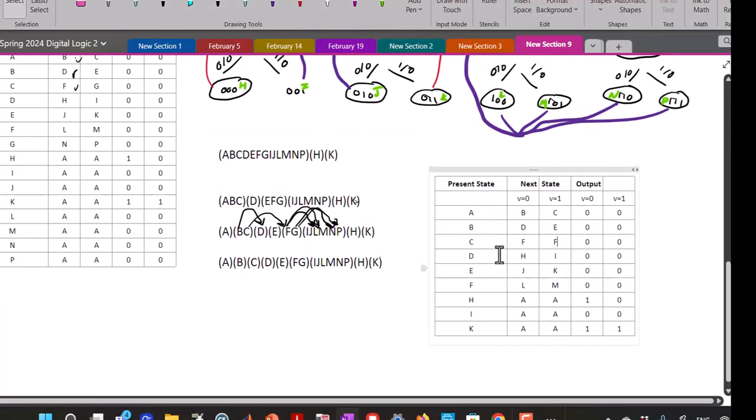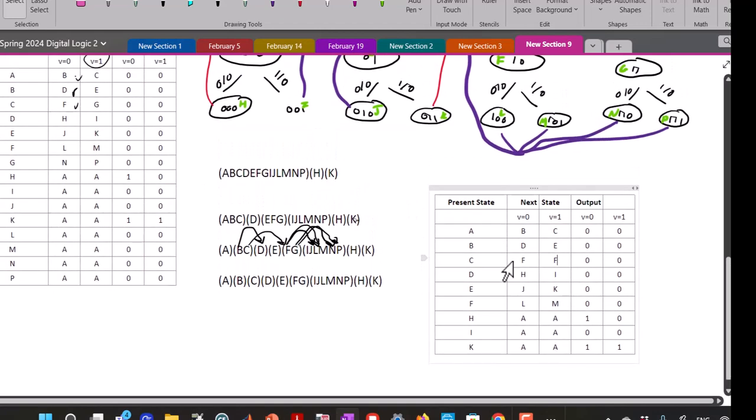Okay, D goes to H or I, but no, I've got I, that's good. E goes to J, which is in this high, or K, and F goes to L, which we're now calling I, and M, which is also I, H, A.